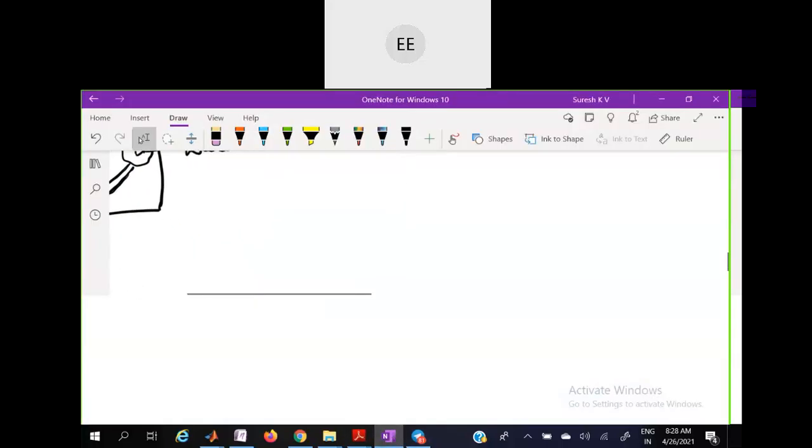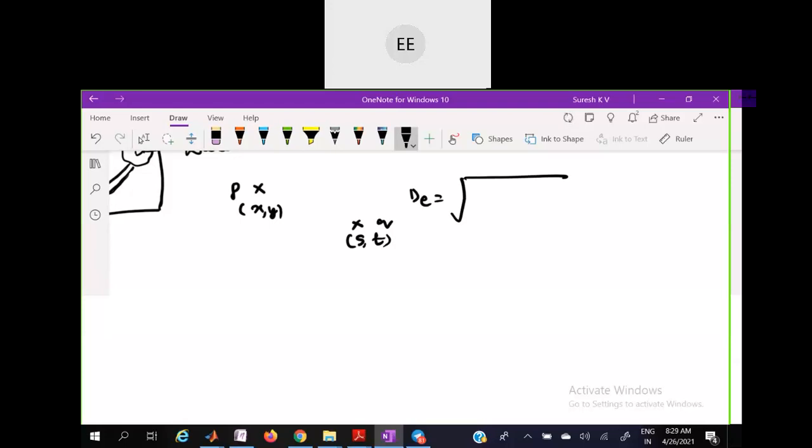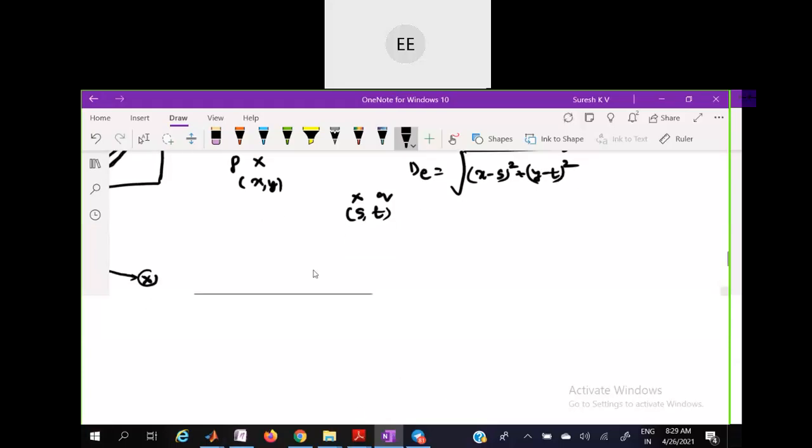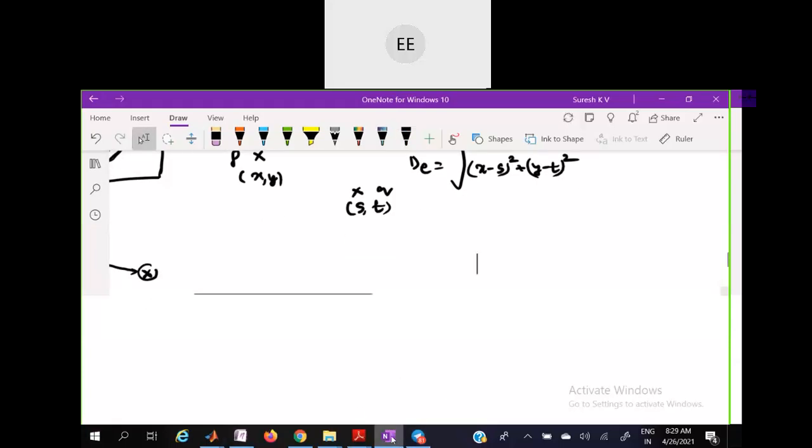So if I have a pixel P with coordinates x comma y, and another pixel Q with coordinates s comma t, the Euclidean distance is the square root of (x minus s) squared plus (y minus t) squared.